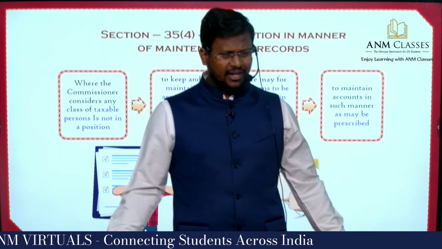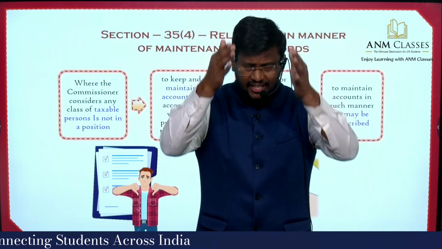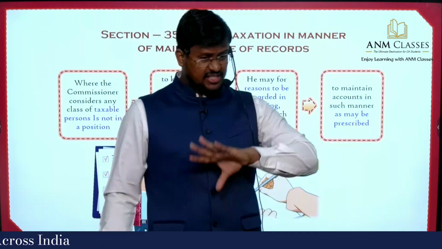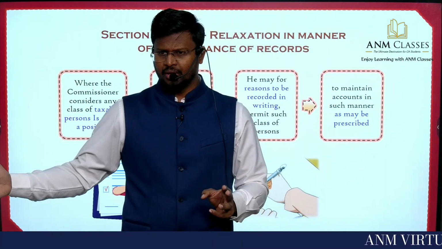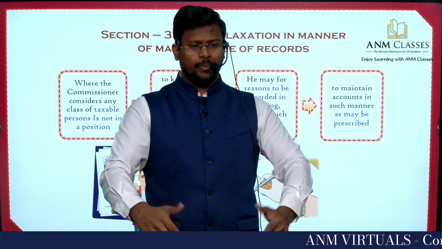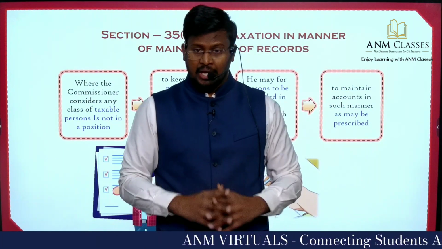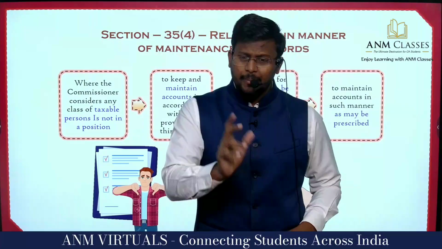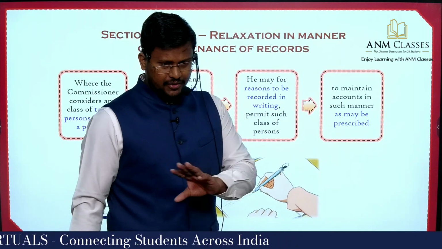You may be a registered or unregistered person, but the details regarding the consignor, consignee and the details regarding the goods have to be compulsorily maintained. Look, 35 subsection 3 is saying that in addition to the list prescribed in 35 subsection 1, we may ask you to maintain additional records by notified persons. 35 subsection 4 is saying that for special category of people, we may give relaxation that they need not even maintain 35 subsection 1 records.